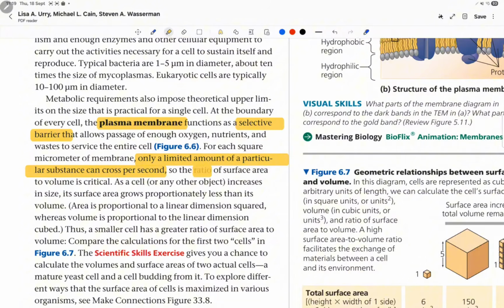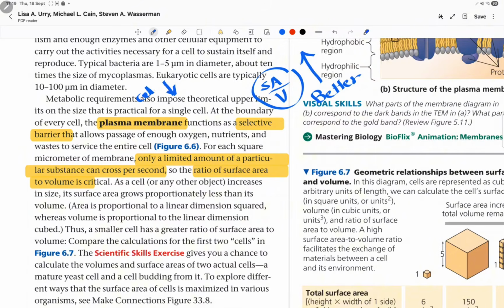which is the ratio of surface area to volume. The ratio of surface area to volume is going to be of great importance in the AP exam. They will always ask you about it. The surface area to volume ratio, the larger, the better. And the only way to get a larger surface area to volume ratio is by having a smaller size of a cell.